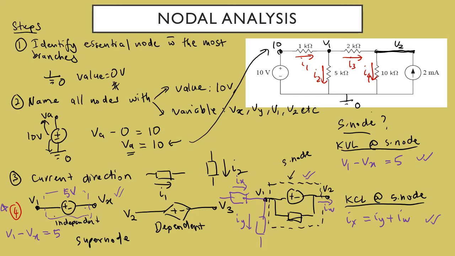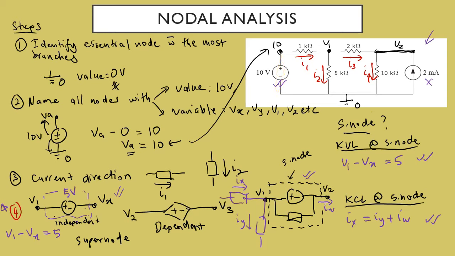Okay, so what should you do? Go to step number 5. Let's see, we have this example. Do we have any supernode? You need to check the voltage source, not the current source, only the voltage source, and check whether this voltage source is in between two unknowns.